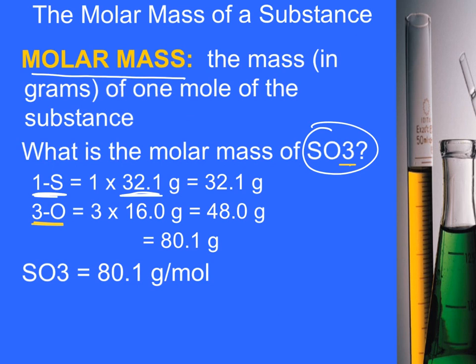So we're going to add up 3 oxygens. All right, so that's why there's a 3 there. Multiply that by the mass of oxygen that you find on the periodic table. Okay, so that's all you're doing. You're just adding them up from the periodic table, and then you get the total.